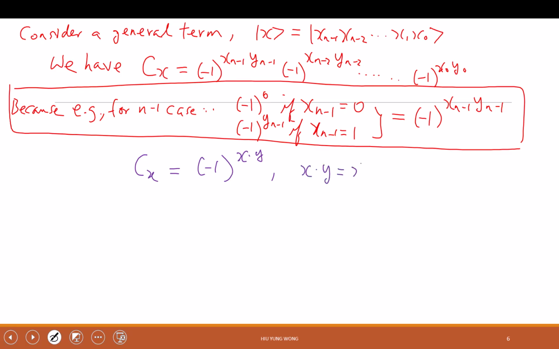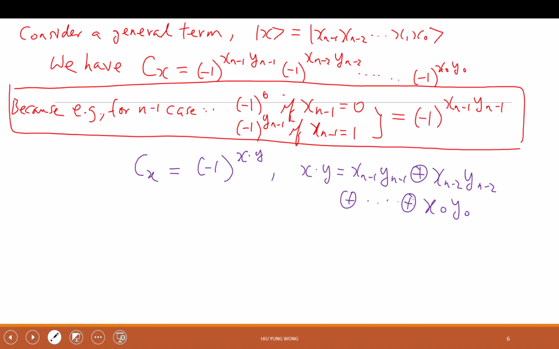It means xn minus 1 times yn minus 1, exclusive OR xn minus 2 times yn minus 2, exclusive OR all the way to x0 times y0. So basically, it's trying to count the number of 1s in this x dot y.